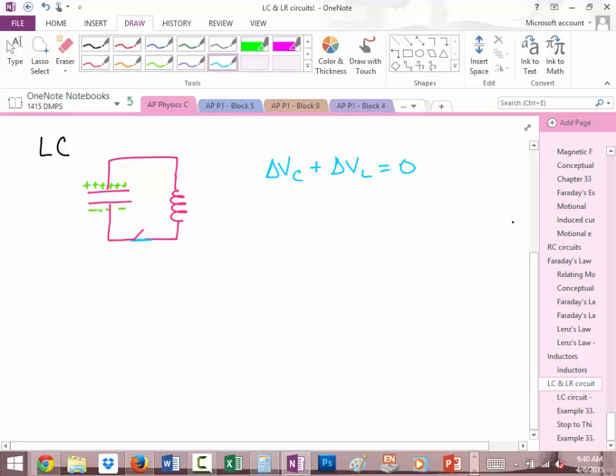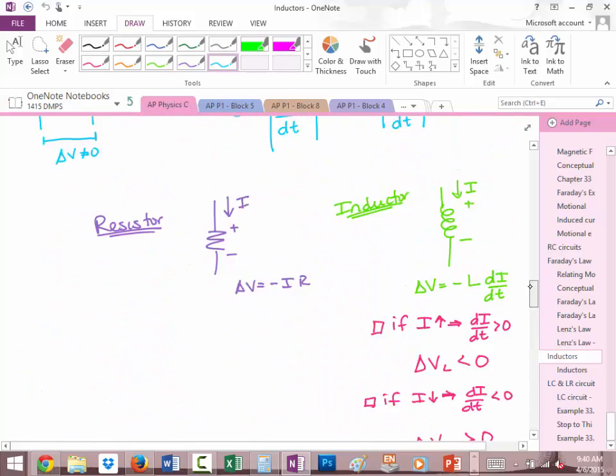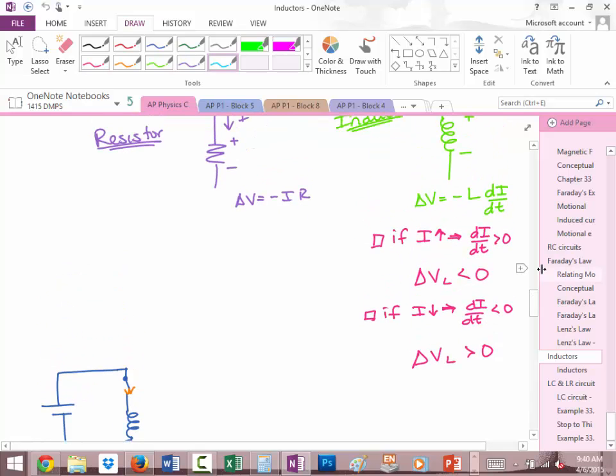Instead of writing V's, let's write down things that we know. We know that the voltage of a capacitor can be expressed pretty easily in terms of the charge and the capacitance. I'm talking specifically about a capacitor, so that's going to be q over C. And last time we were together, we found an expression for the voltage across an inductor.